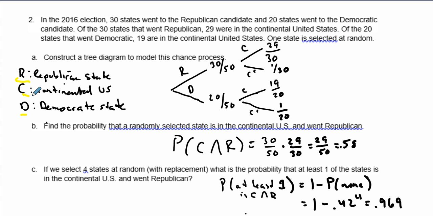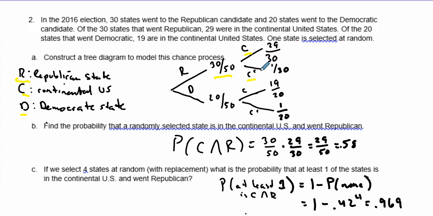When you have the Republicans, it would be 30 out of 50 states, there's 50 states total, so 30 out of 50. Going a little step farther, we know that out of the 30 states, 29 out of 30 were in the continental U.S., and because there's a complement, 1 out of 30 would not be.